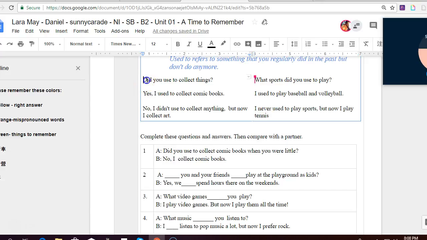Okay, I want you to go back to this sentence. I would like you to look at this one. I am going to explain something here. They use the word "did" with "you." What is the present tense of "did"? Do.